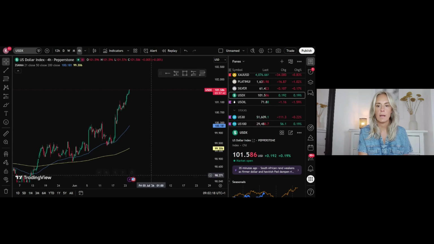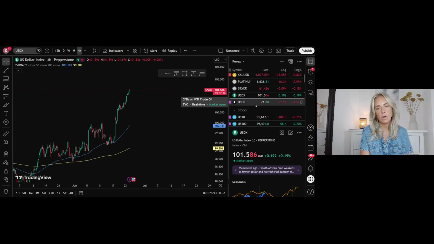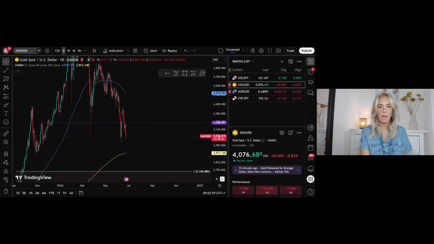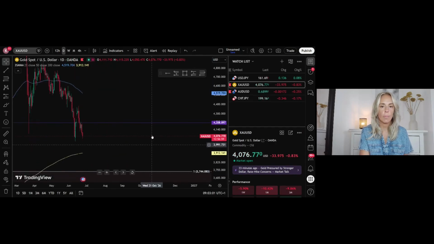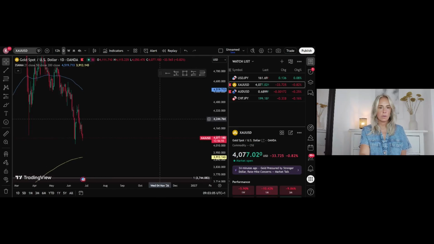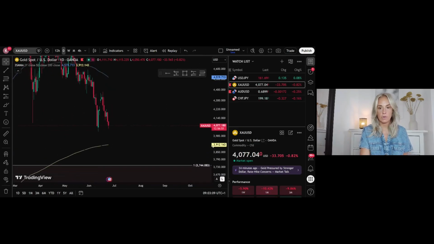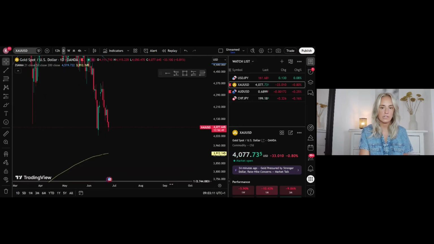If you remember from the last lesson, this is your TradingView chart, these are your time frames at the top, your pairs on the right hand side. So let's go to gold now, and I'm going to mark up on the chart as if I was going to take a trade or add an order, add a position.